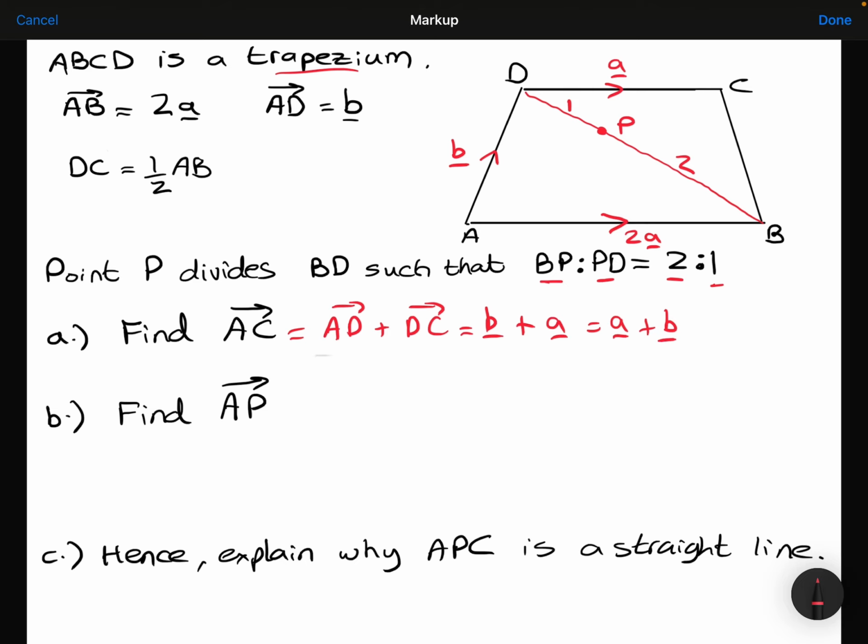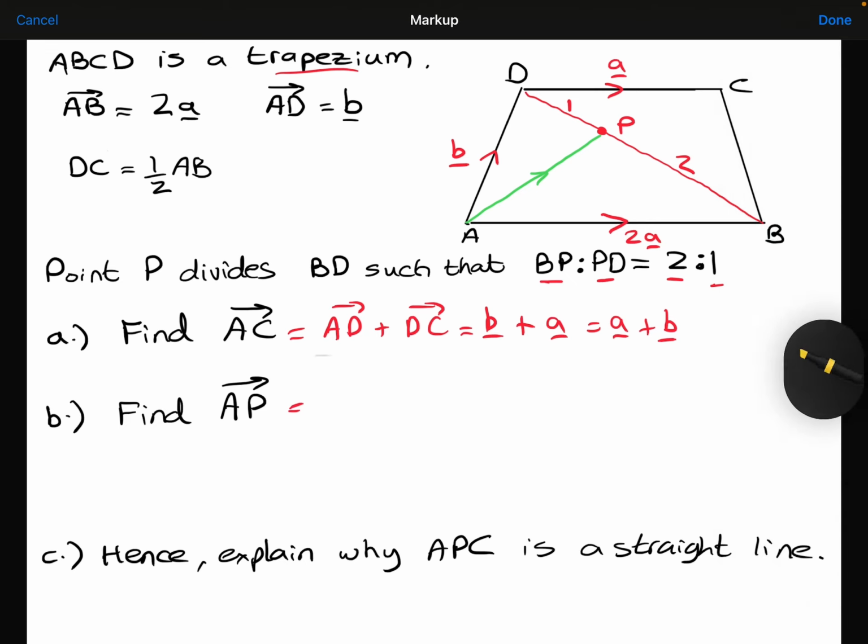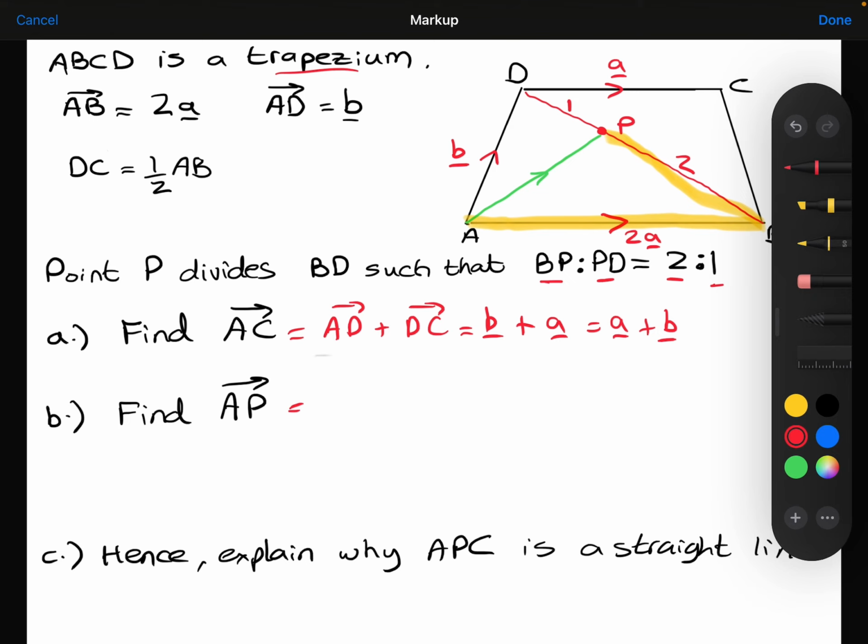Right, part b. Find the vector A to P. So let me mark that onto my diagram. A to P is like this. Now, the way I'm going to work out the vector AP is I'm going to go from A to B and then B to P. A to B plus B to P. Now, the vector AB, I know that easily.